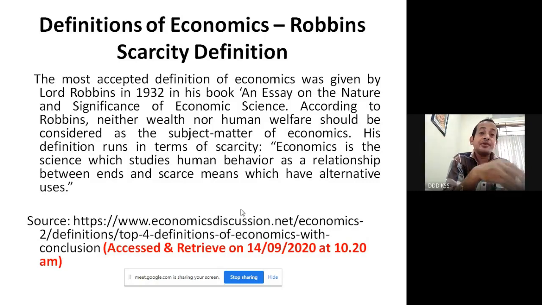Now, if food is a means to remove hunger, then what alternatives are available for that scarce means? What is the alternative to food?